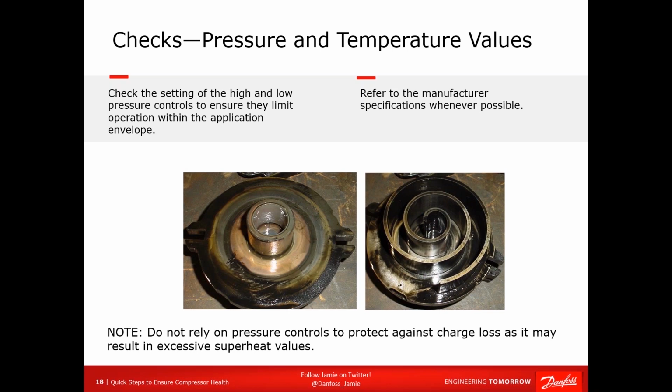But if you have a slow leak where you're losing 15% of your refrigerant charge a year, that's a lot harder to find. And with just a set of manifold gauges and looking at it for a short period of time, you're not going to catch it. What ends up happening is after about a year and a half or 2 years, you've lost enough refrigerant, even in an AC system, that it no longer can cool the motor. So every 2 years, you're going to have a compressor failure.